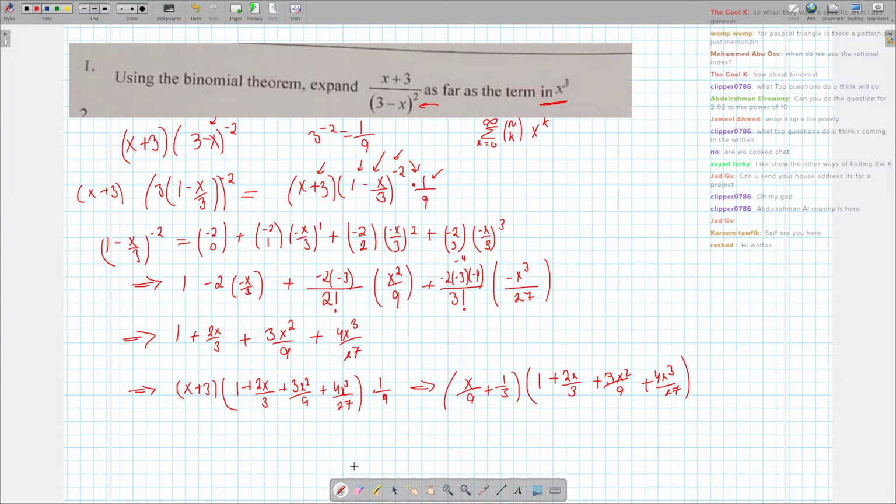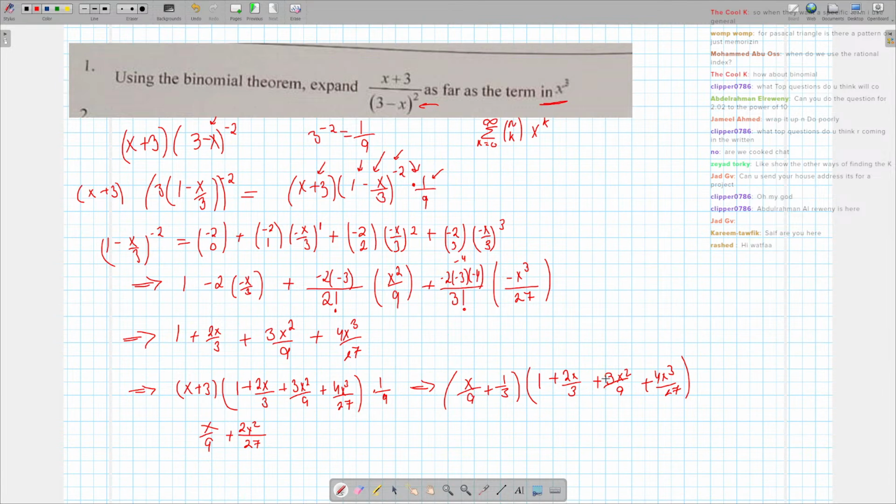X over 9 times 1 is x over 9. X over 9 times 2x over 3: numerator times numerator, x times 2x is 2x squared, and 9 times 3 is 27.